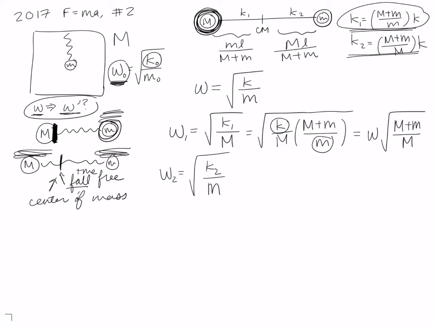Now similarly, we have omega 2, which is the square root of k2 over small m, since in this case small m is the one that is going to be oscillating.